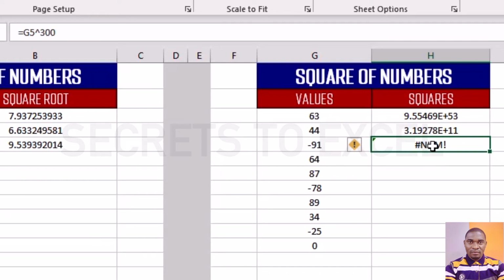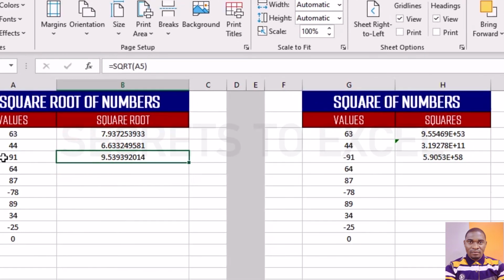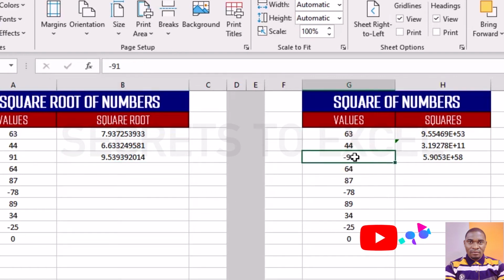Now, come down to the next one here. We have G5 raised to the power of 300. The same thing applies. If that is not what you want, let's say if it were 30, it has given us the estimate, despite it being minus 91. Now, take note of this. Square root, when we were dealing with this as minus 91, it returns an error. But here, it doesn't return an error.